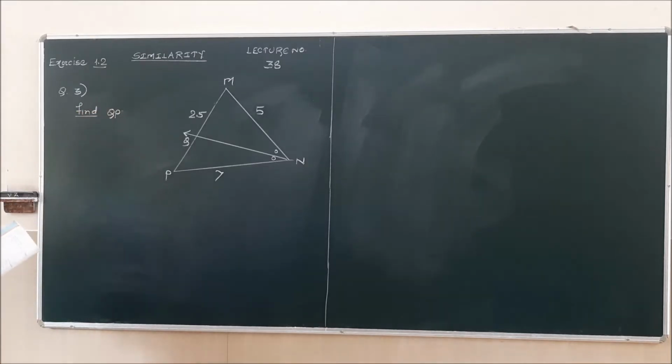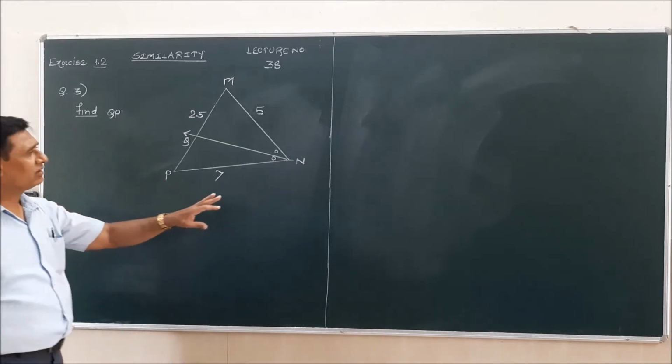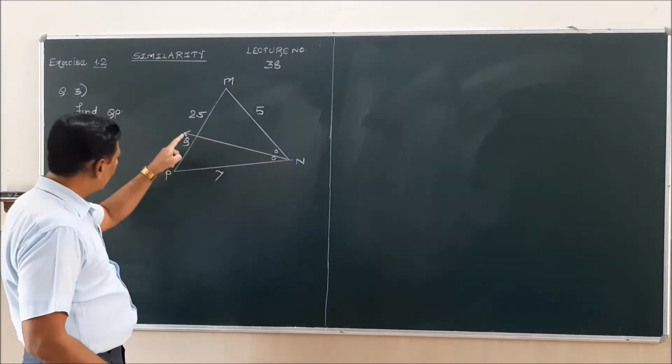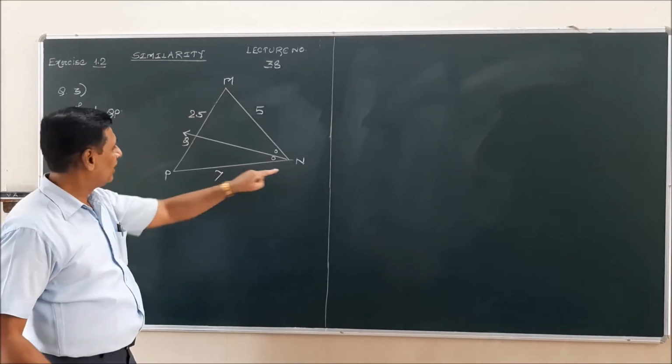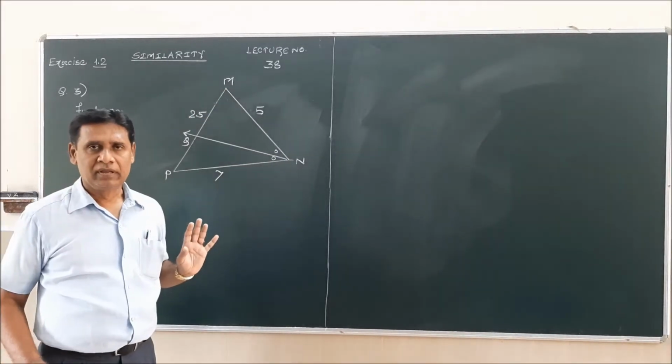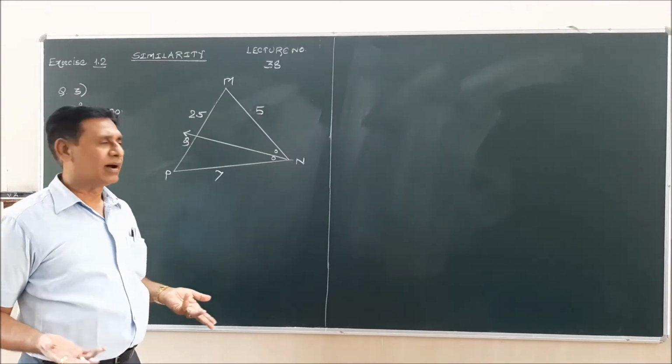Okay, dear students. Now you will find these are the dimensions given. In these dimensions it is very important that NQ is given as the angle bisector of angle MNP. It is given. So simply we have to apply the angle bisector theorem.